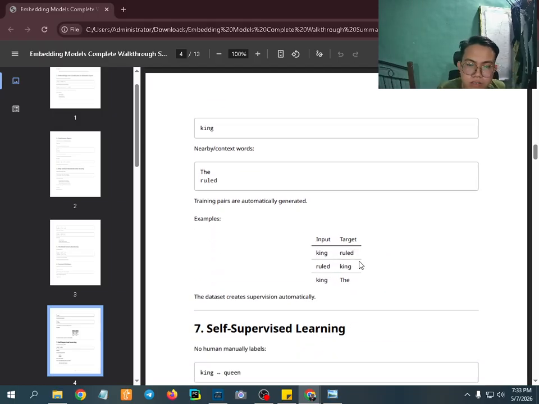Example, training pairs are automatically generated. During training, the pairs are generated automatically rather than manually, because text is a huge amount of data that we gathered, so doing it manually would be a painful task. When we feed the sentence or text into the model, it automatically generates the nearby words.